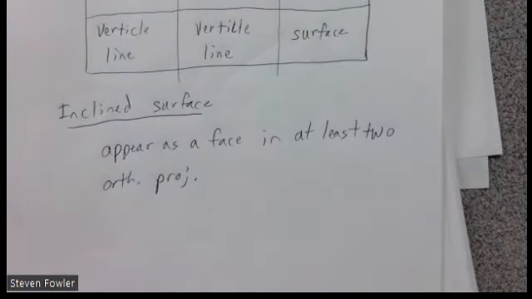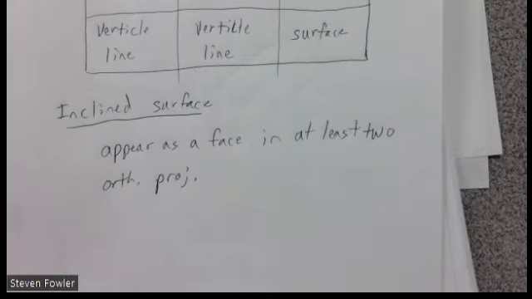Whereas with a normal surface, if I see a face, that's the only place I'm going to see that face, in that one projection. It's going to appear as a line on the others. With an inclined surface, when you just look at 2-dimensional images and wonder which face this is, well, it can actually be a face in 2, and in the extreme situation, it can be a face in all 3: front, top, and right. That's kind of an odd situation, but it does occur.